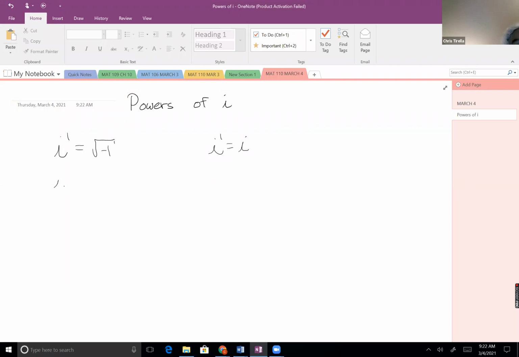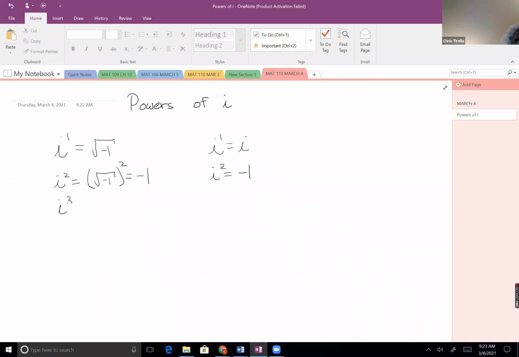If I look at i to the second, that would be taking that radical and squaring it. And haven't we said in looking at operations on radicals that when we square a square root, we just get the radicand? So when I square that, i to the second should give me negative 1.